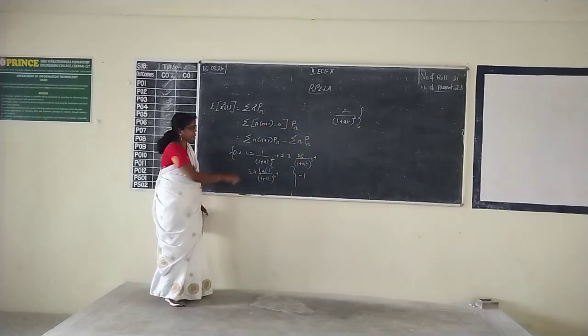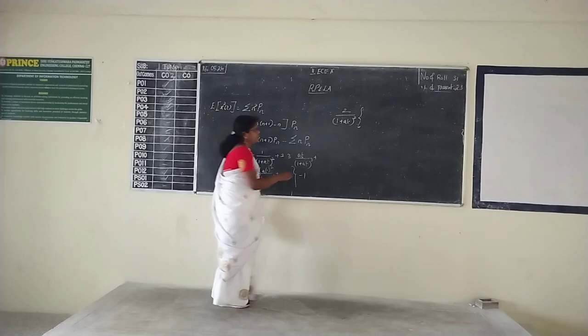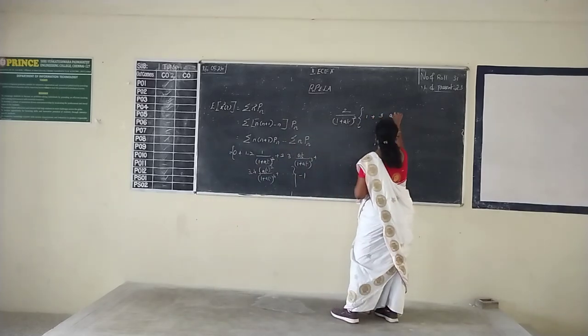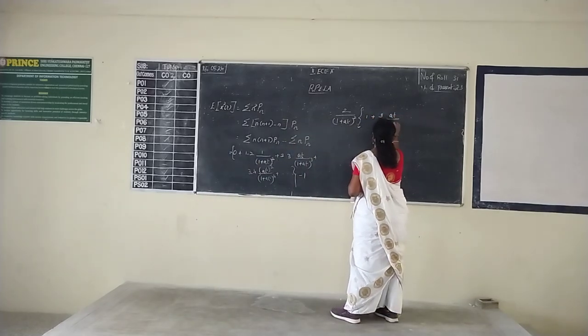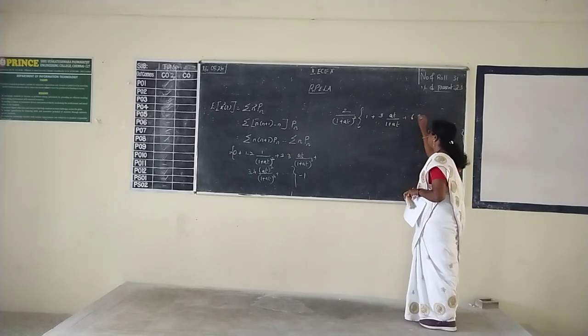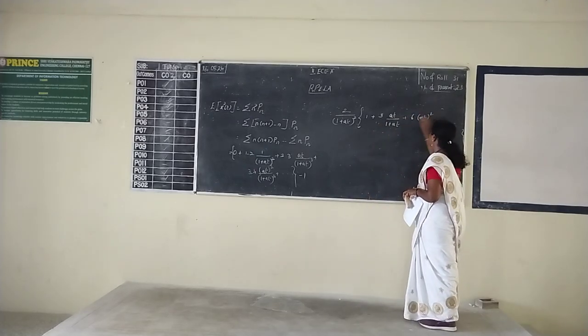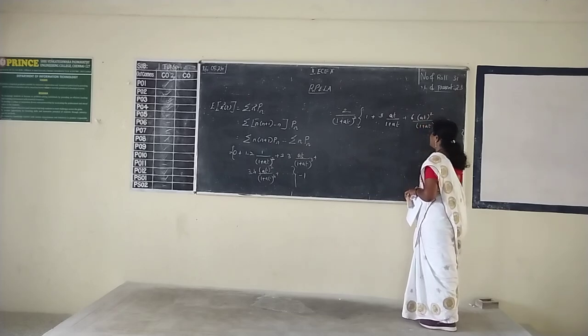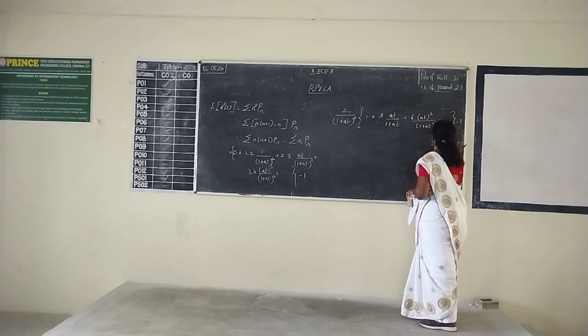The remaining is 1 plus 3 into at by 1 plus at, plus 6 into at the whole square by 1 plus at the whole square etc., to the power minus 1.